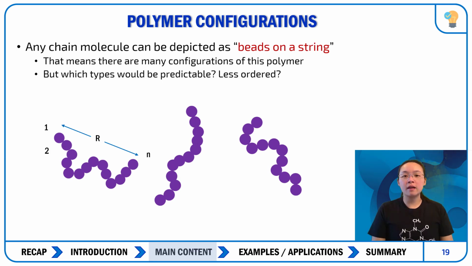So this slide basically builds up upon the previous slide, but now we're looking at a polymer chain, and we define the starting point to be your first building block. So you label them 1, 2, 3, 4 all the way to the very end, and let's say this is N. So from 1 to N, that distance is called R, and that basically refers to the physical distance of a polymer.